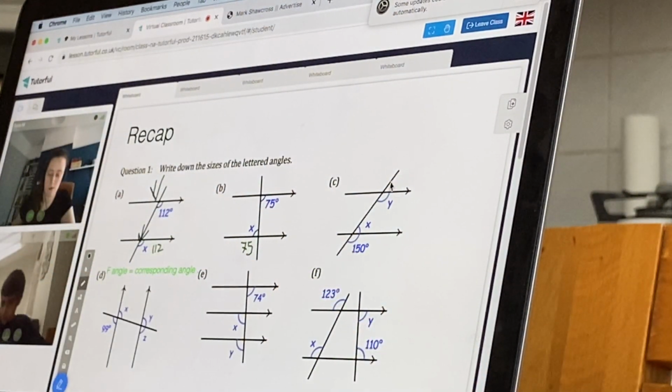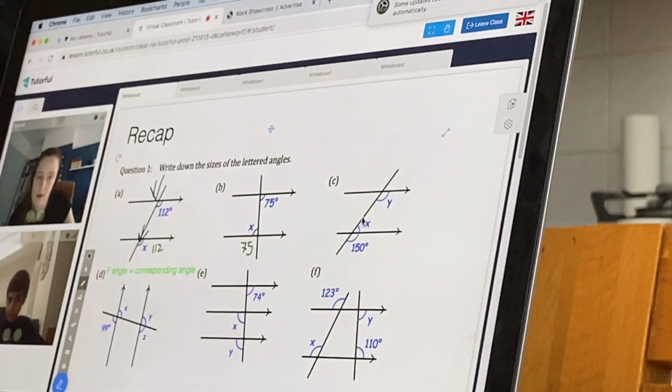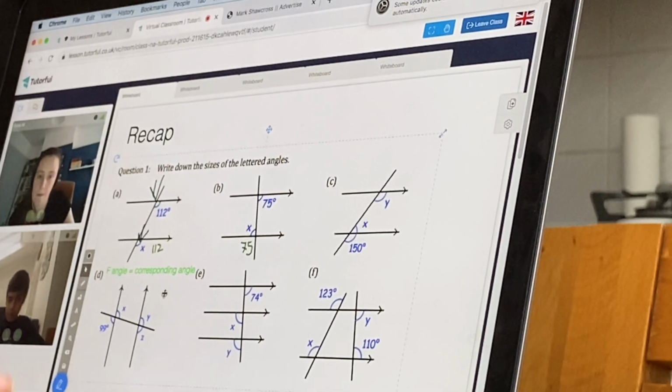The F angle. So it is an F angle. I mean, which angle does the 150 correspond to? This part. No, this part.